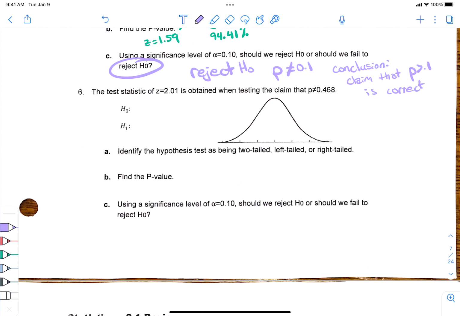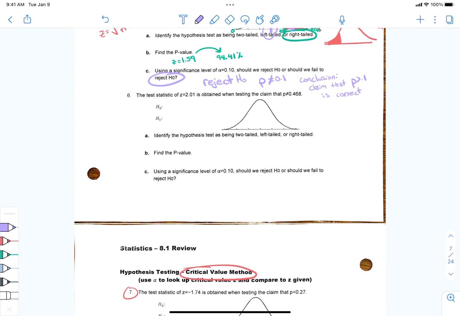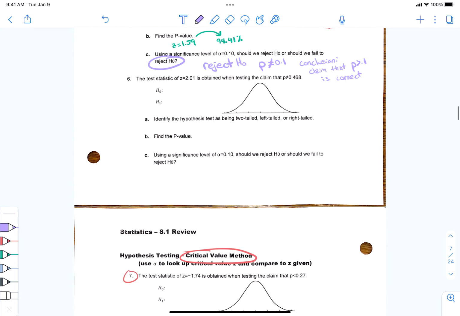Just go through and try to keep your thoughts organized. Just do step by step what we just did. So all you have to do is number 6. That's it. Number 6 and be done for the weekend. Okay? Try to do it the same way as what we did. Okay. I'm going to stop the video.